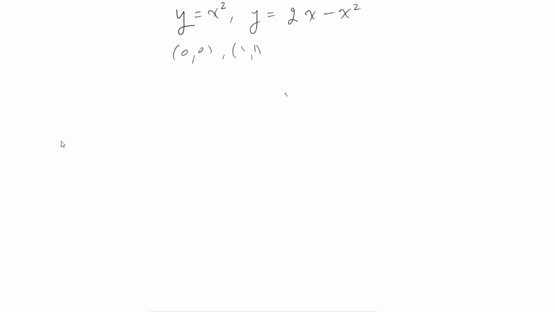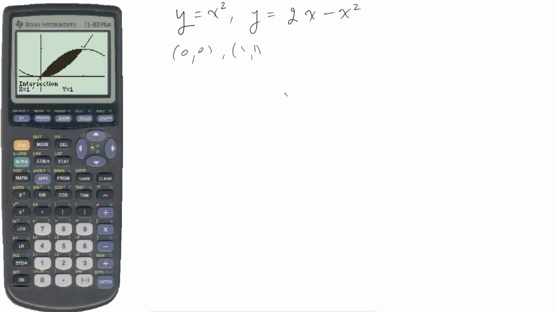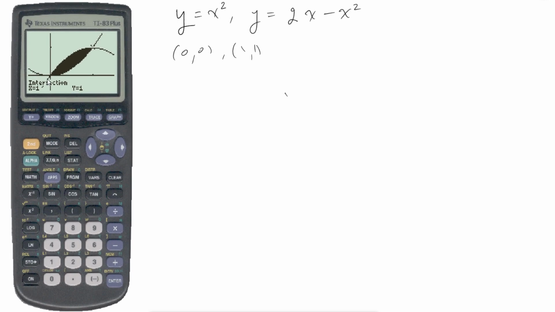For y equals 2x minus x squared, when we look at our function again, that's going to be the top boundary, and x squared is going to be the bottom boundary. Maybe that's another benefit of drawing it separately: we could have looked at it to see what it was going to be before we drew the shading. So the 2x minus x squared is going to be our top boundary.